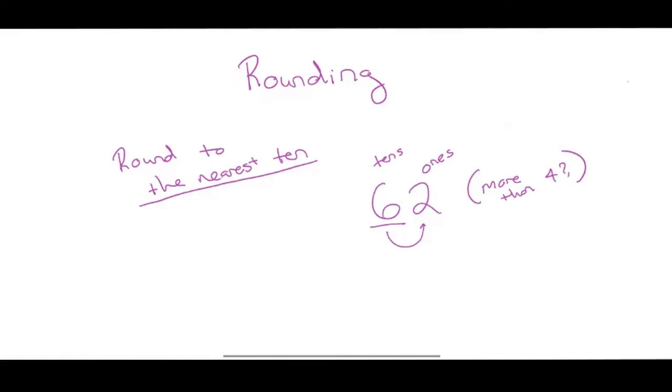Well, 2 is not more than 4. So if it is not more than 4, the 6 stays the same, and the 2 becomes a 0. So when we round 62 to the nearest 10, we get 60.